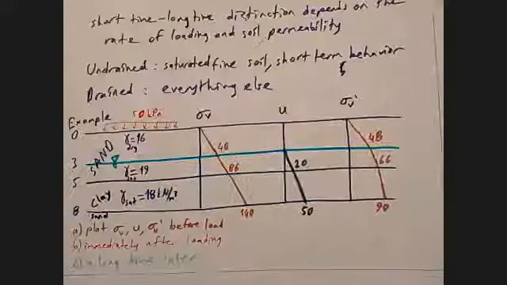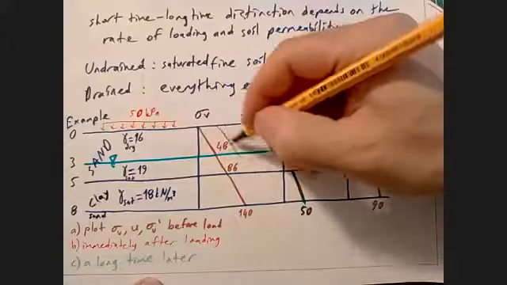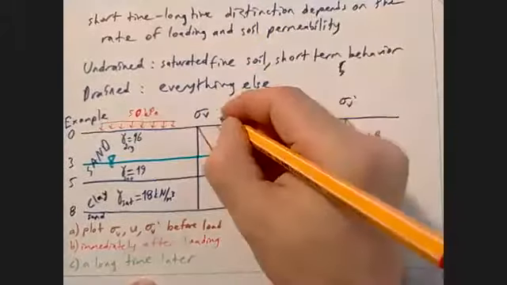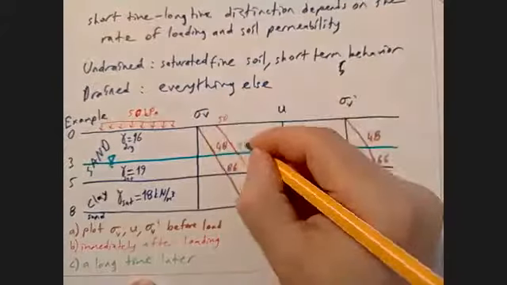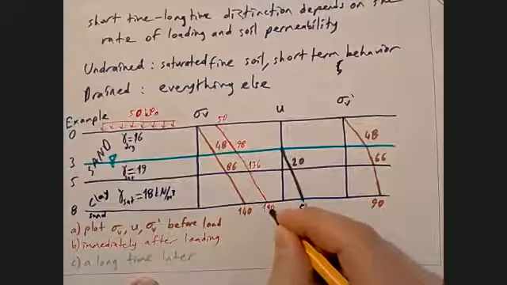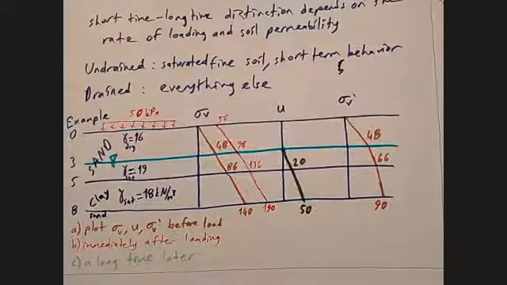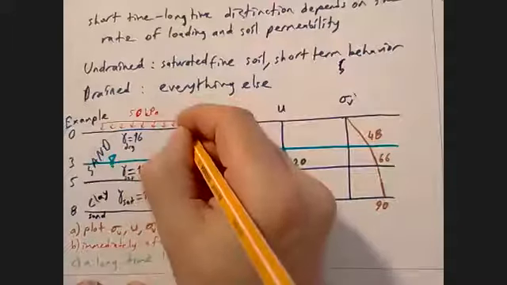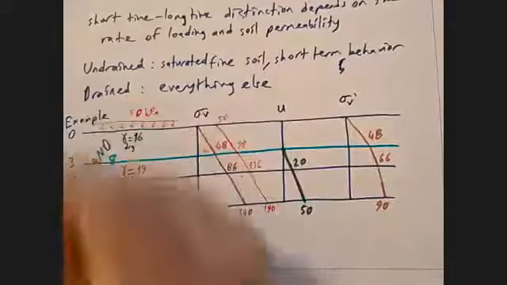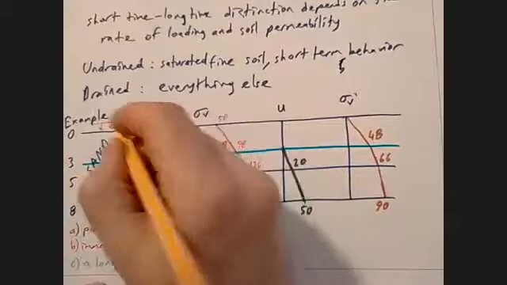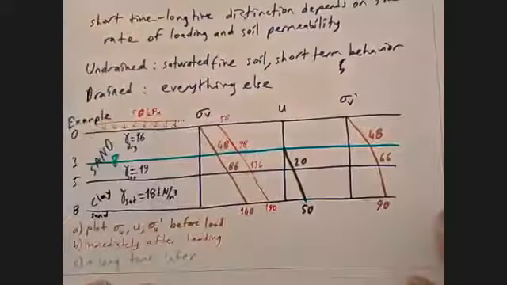I'm going to be adding 50 everywhere. So I have 50 here, 98 here, 136 here, 190 kilopascals down here. The load just is applied everywhere because this surface load is very large, so it goes on to a long distance.